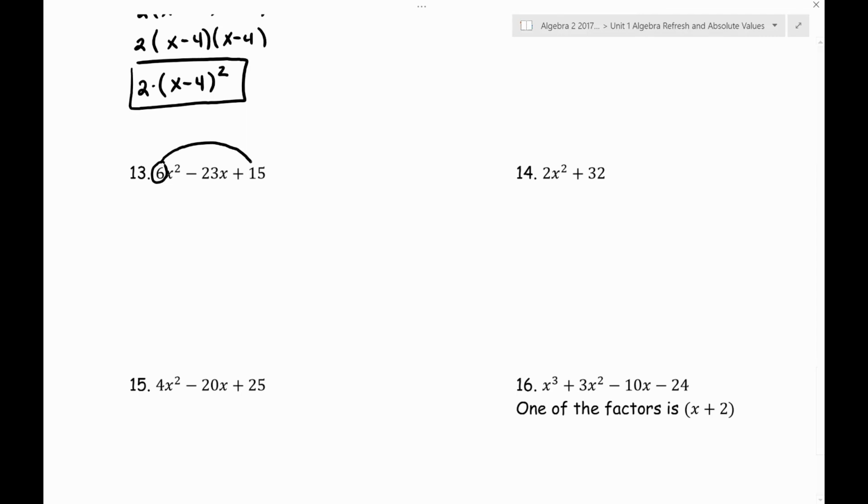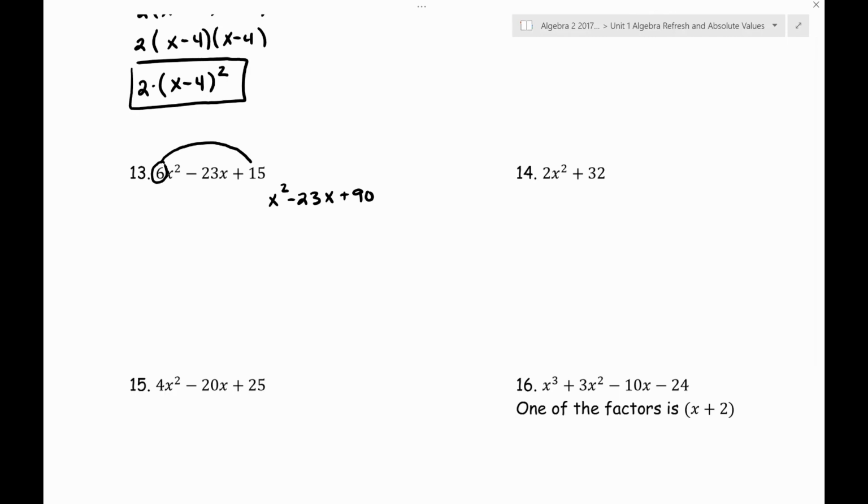That's going to be 90, because 6 times 10 is 60, and 6 times 5 is 30, so 60 and 30 makes 90. So x squared minus 23x plus 90. What multiplies to 90, but adds up to a negative 23?